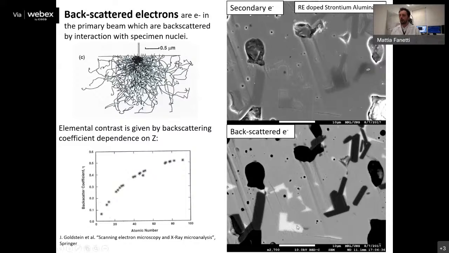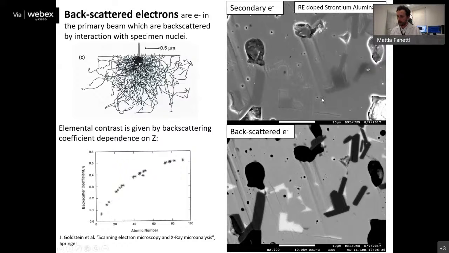These are areas without a difference in morphology because the sample is flat here, okay? But the contrast here is given by the different elements, the different composition which is there. And also these are different phases of the ceramic material, okay? So, of course, the high density phase will be brighter and the low density phase will be darker.